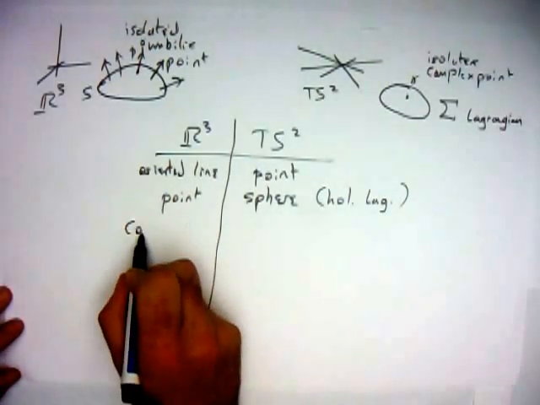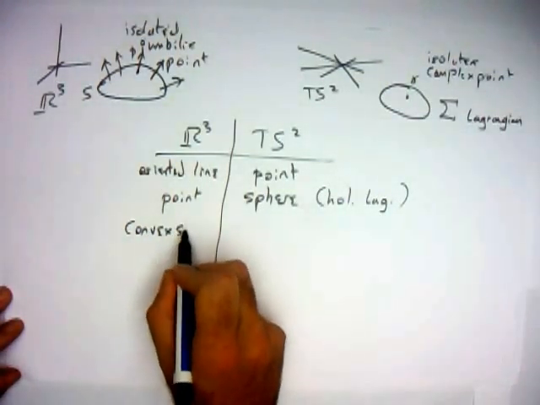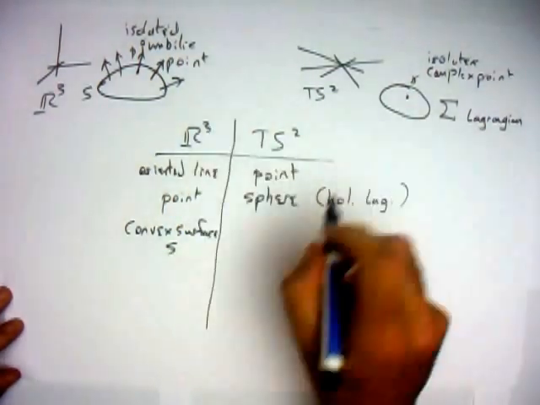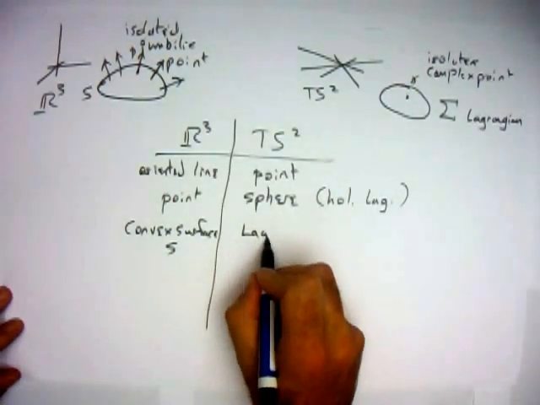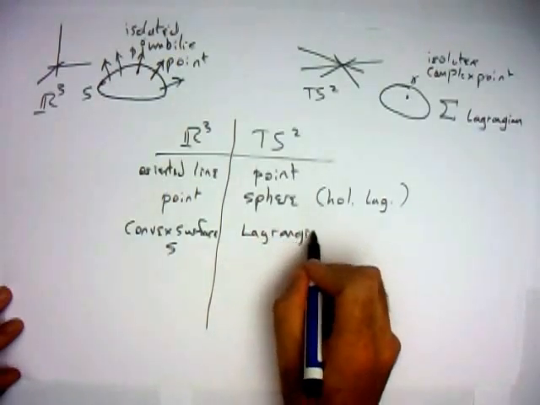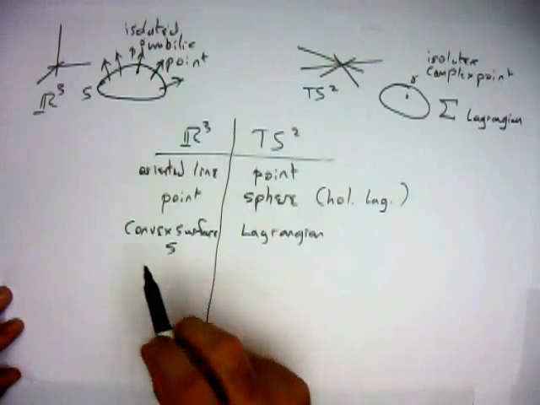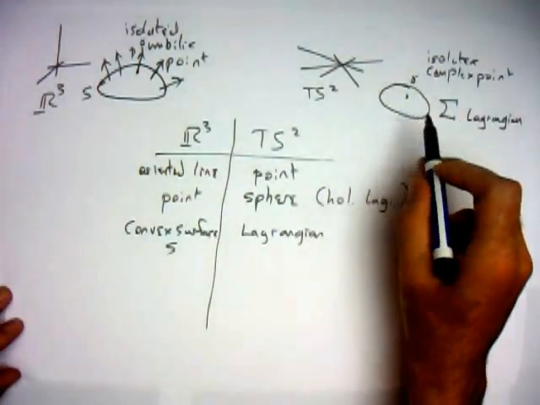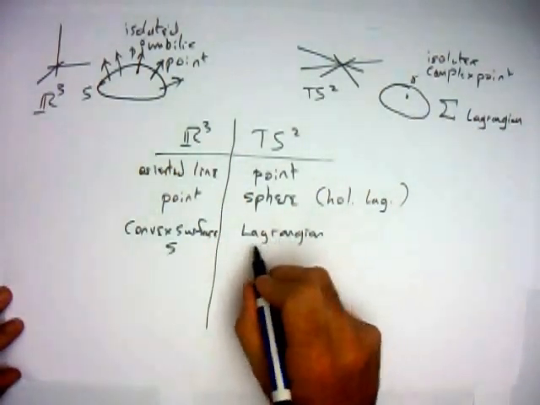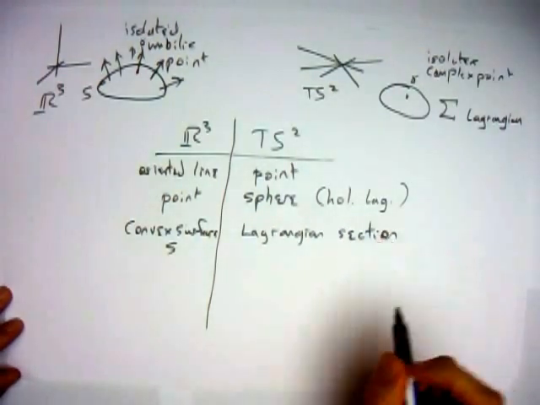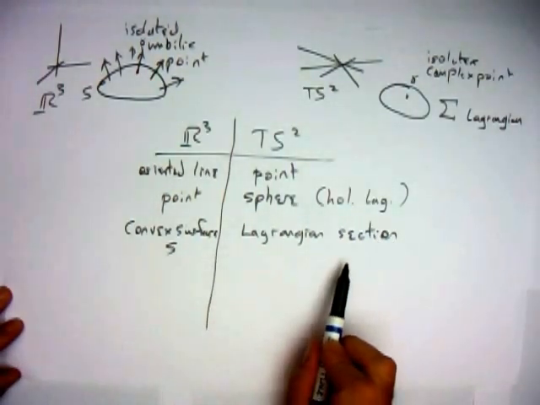Okay, what else? Well, if you have a convex surface S here, as we saw, it gives you a surface. In fact, it gives you a little bit more. It gives you a Lagrangian surface. And what's more, because it can be parametrized by its direction of the normal, this can be parametrized by the S2. So it's, in fact, a Lagrangian section. What we might say also here is that you get a drop in differentiability.